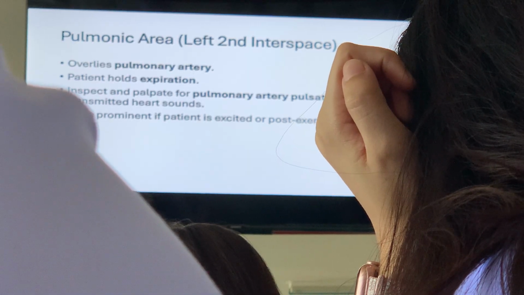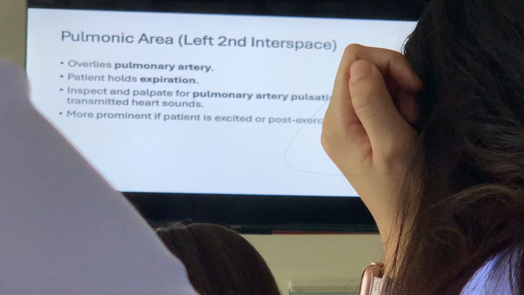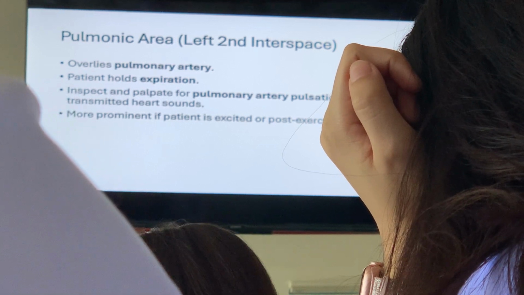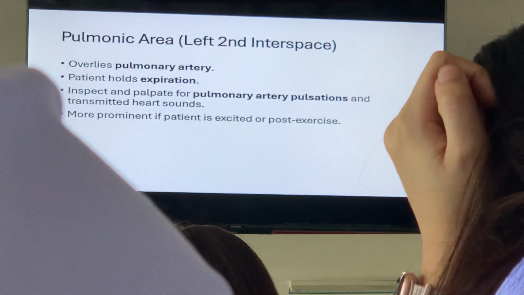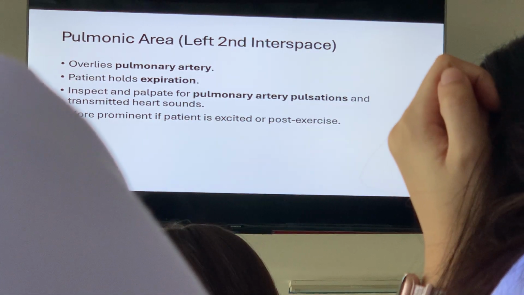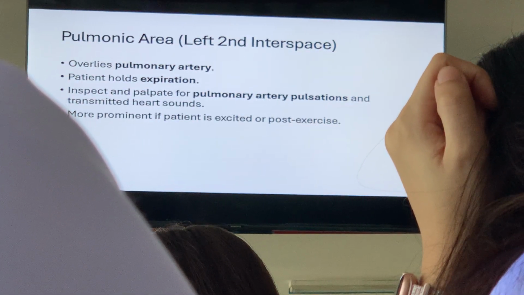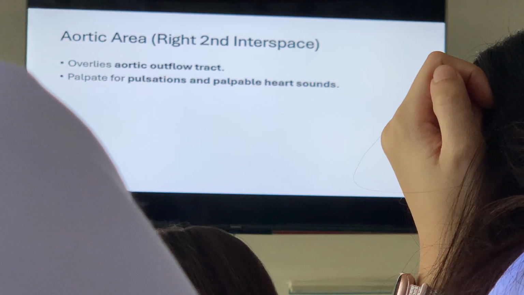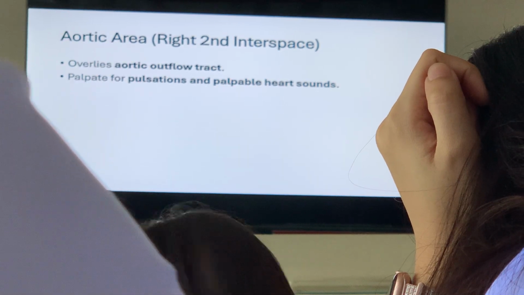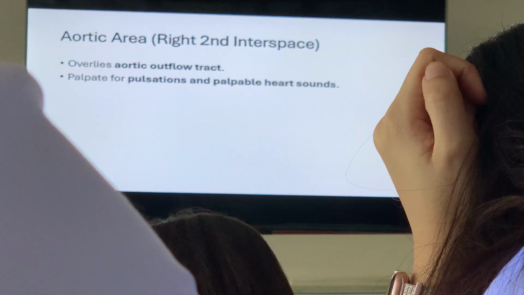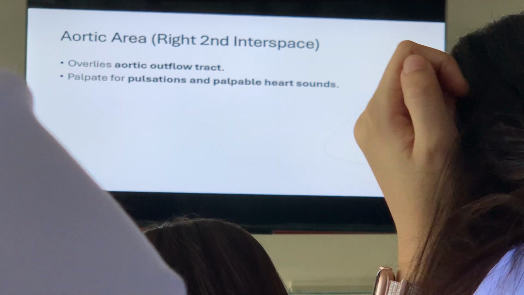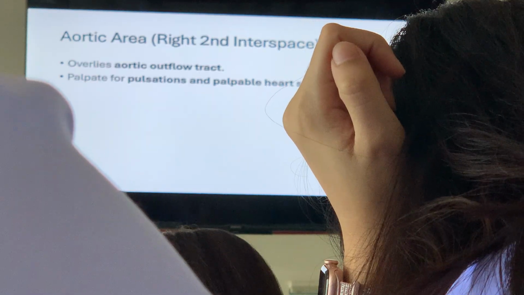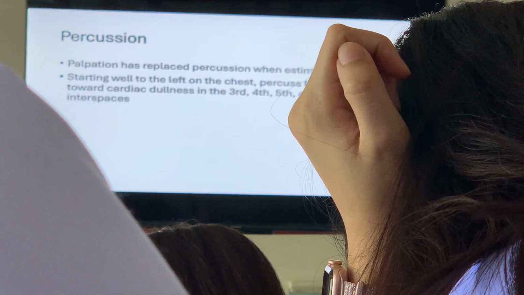This overlies the pulmonary artery, and you ask the patient to hold his breath. So you inspect and aortic outflow tract. So you have to palpate for pulsations and multiple heart sounds.